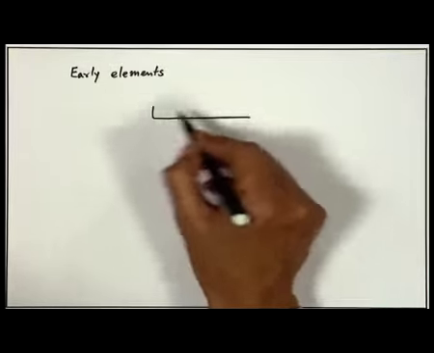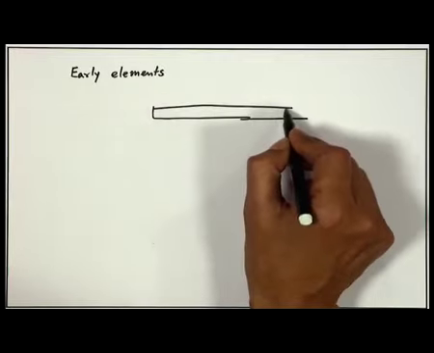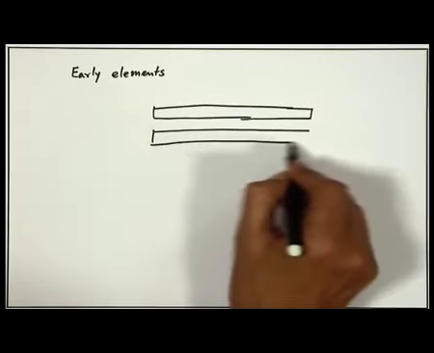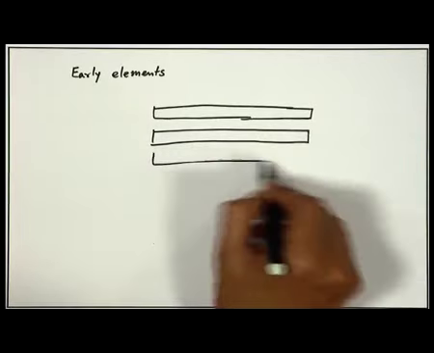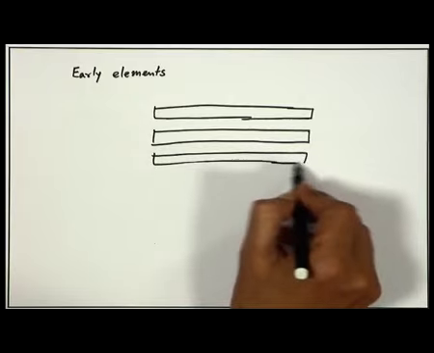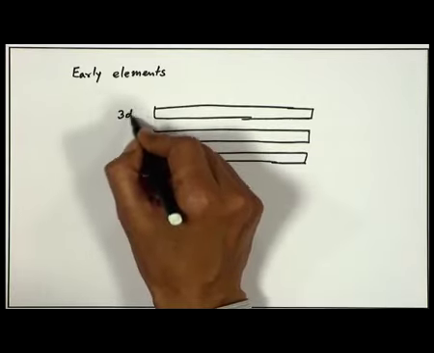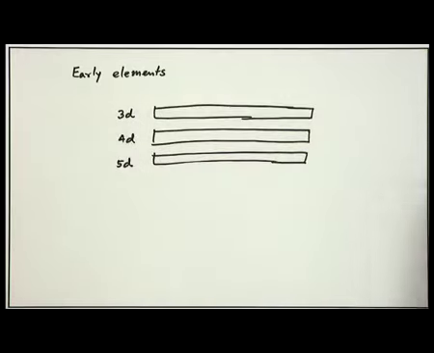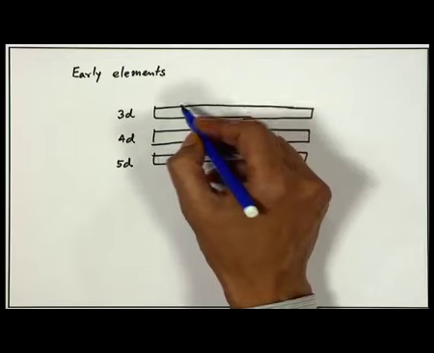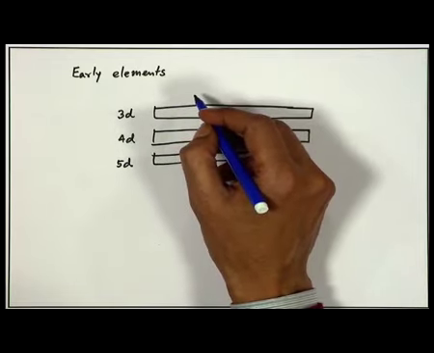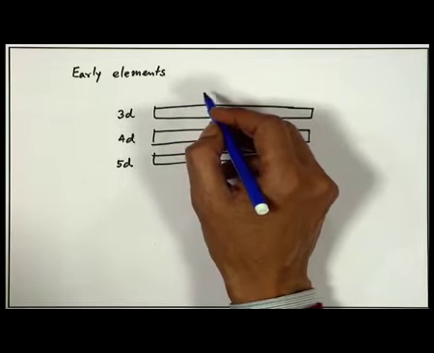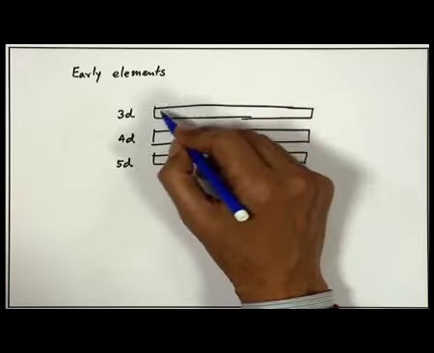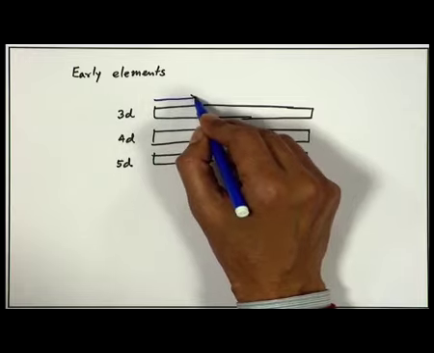We have a family of 3d elements, then a family of 4d elements and a family of 5d elements. So, this is 3d, this is 4d and this is 5d. In terms of the corresponding atomization process, we also see the high atomization enthalpy. We will also consider that the property is changing along this line.